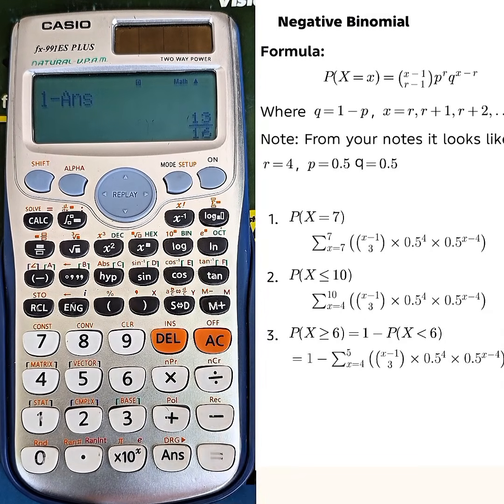This is going to give us 0.8125. So this is how to calculate for x given to be 7, at most 10 tests, and then at least 6 tests. So this is how to solve questions on negative binomial distribution.